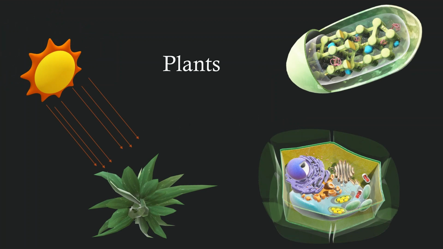And there is another reaction known as the light independent reaction. These reactions occur in the stroma of the chloroplast and do not require light directly, but depend on the products of the light dependent reactions. That is, it helps in carbon fixation.